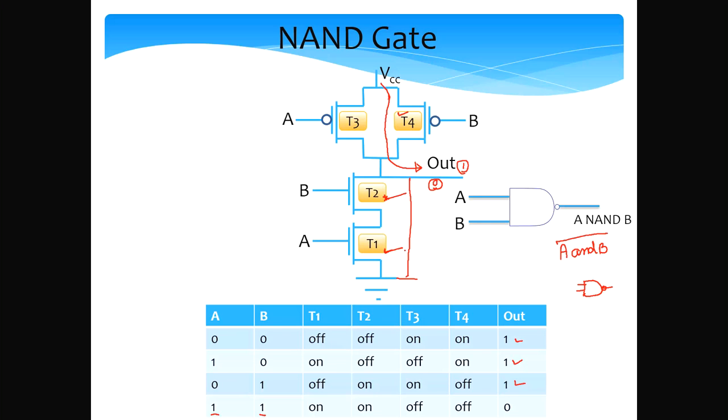We basically analyze for all pairs of inputs. In this case, there are 4 possible pairs of inputs. We just need to make a table of the form that I have shown of which transistor is on and which transistor is off. And then you'll quickly see that according to the design, the output will either get directly connected to the supply voltage, which will give it a logical 1, or get directly connected to the ground, which will assign it a logical 0.